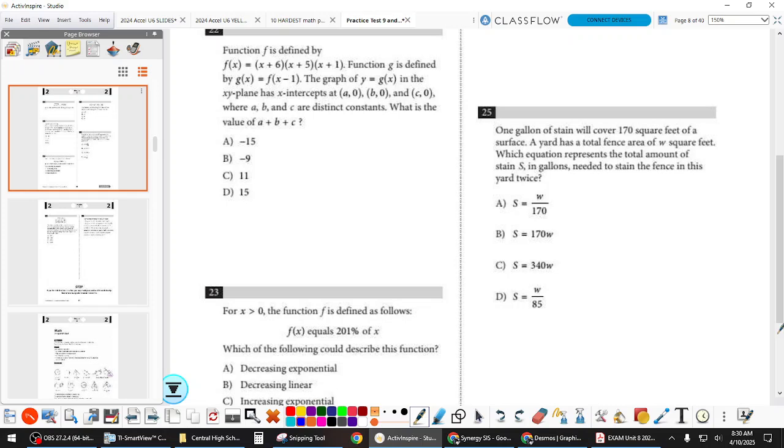Alright, any others? Will you please take a look? Because I don't want you to get one wrong and then not ask about it. We can take a lot from, not the math, but the strategy of it. We can learn a lot from that.